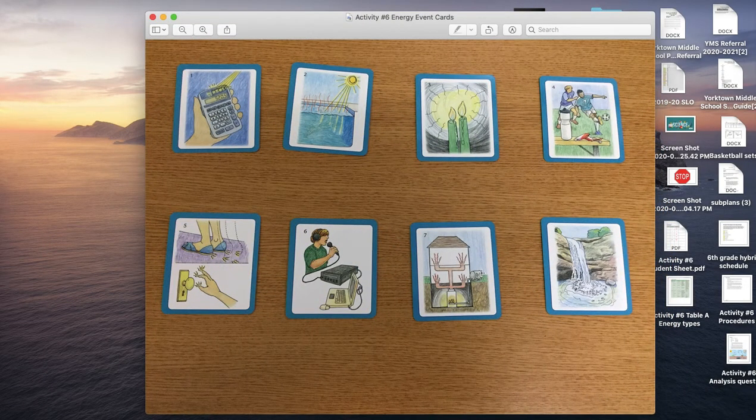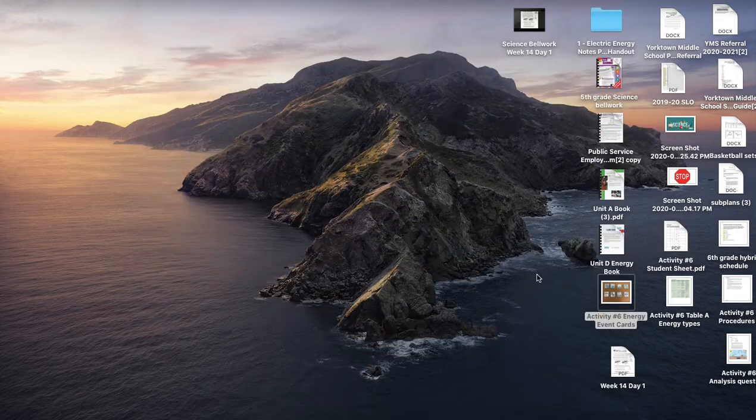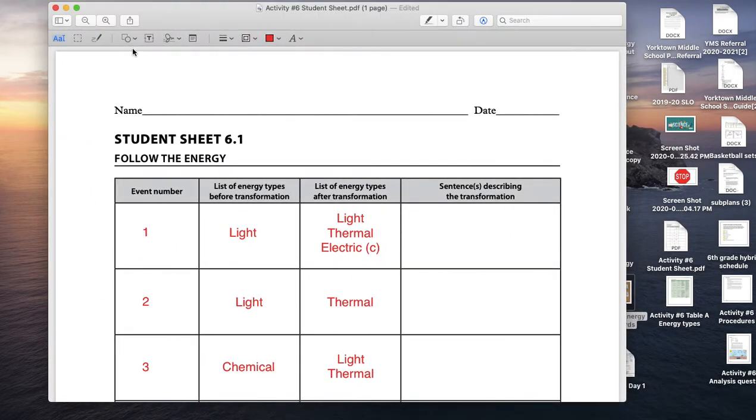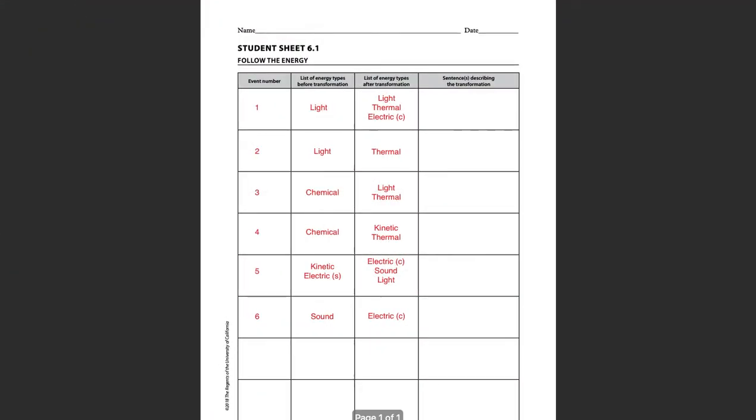So now we have our 7th card, which is the house, the furnace in the house. So we're thinking about the type of energy that's stored in the oil. Oil is a fossil fuel. So the type of energy stored in fossil fuels would be chemical potential.